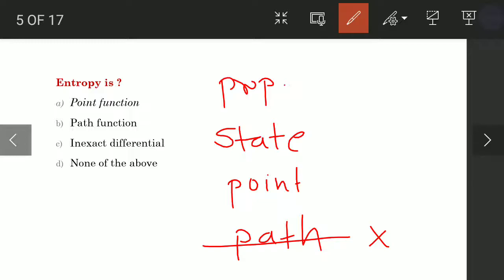It is a property of a system, a state function, a point function, and it is an exact differential. So entropy is a property, a point function, not a path function, an exact differential, and none of the above is wrong. So the first option is correct.